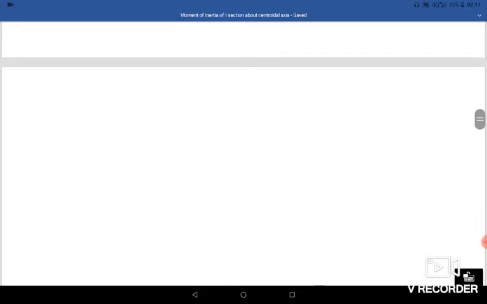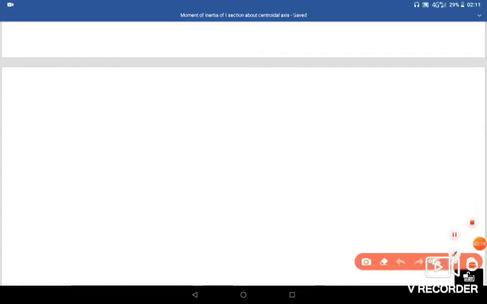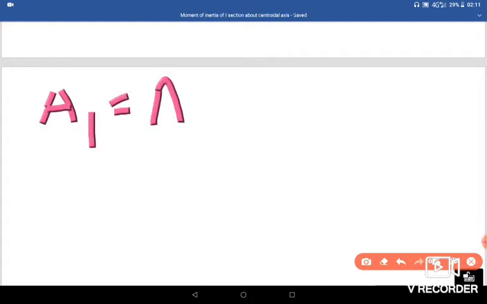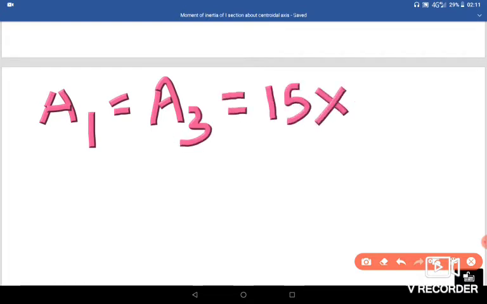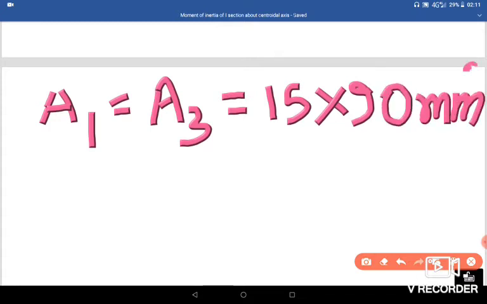So A1 is equal to A3 is equal to 50 into 90 millimeters square. This is the cross sectional area of rectangle A1 and rectangle A3.